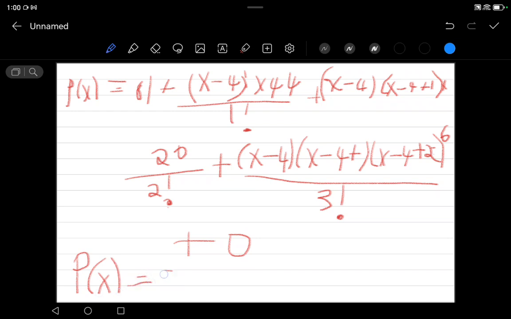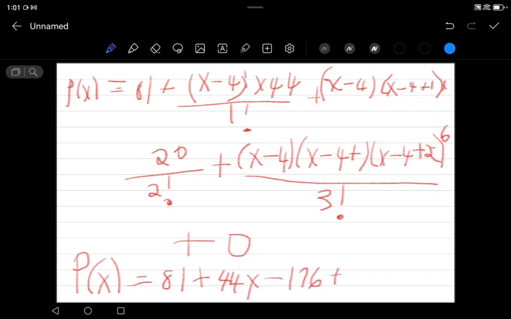So it's going to be 81 plus, we simplify. 44 multiplied by x is going to be 44x, divided by 1 factorial, which is 1. And then 44 multiplied by negative 4: 44 multiplied by 4 is 176, so minus 176.